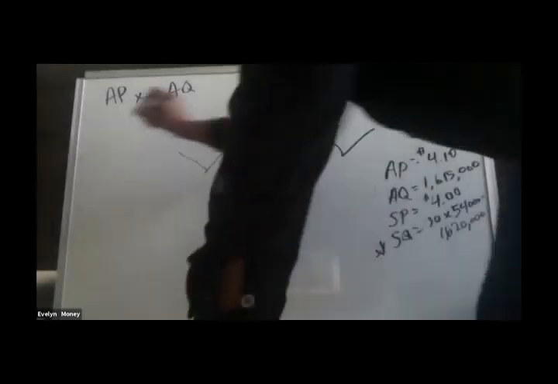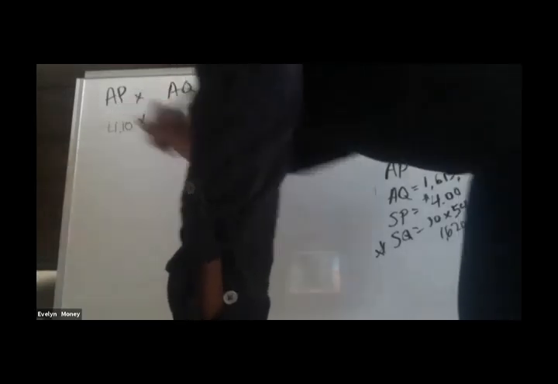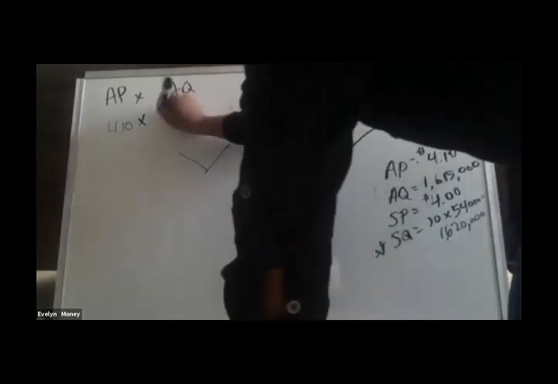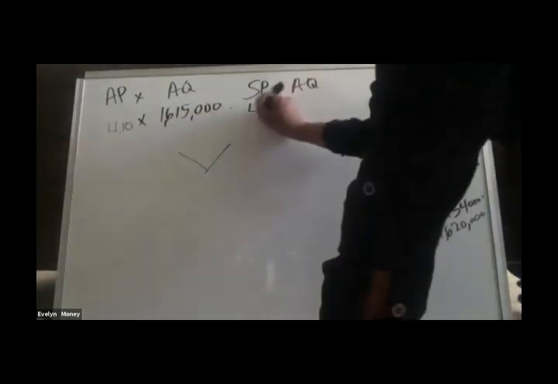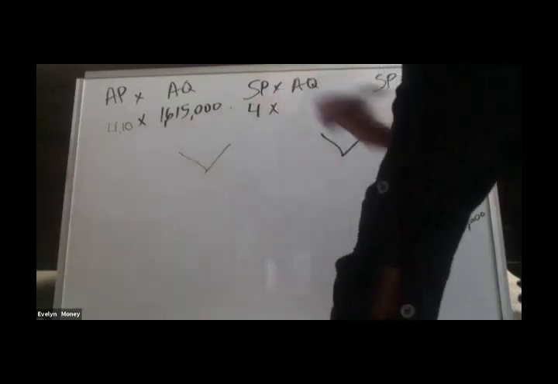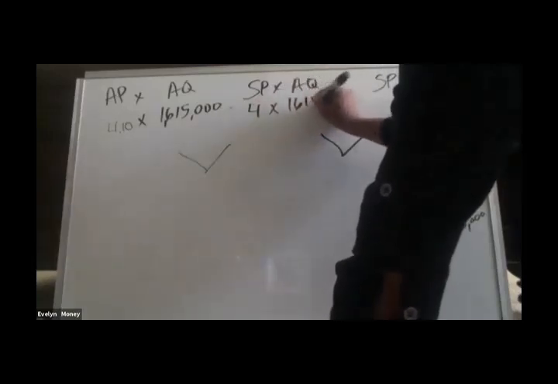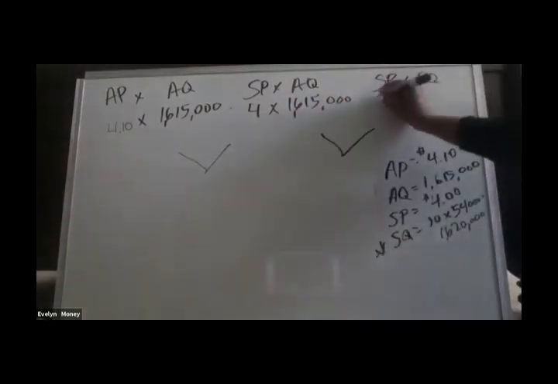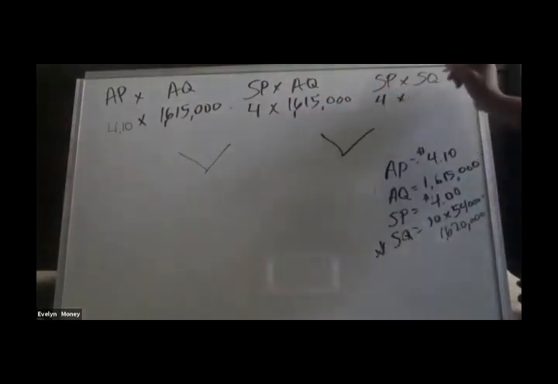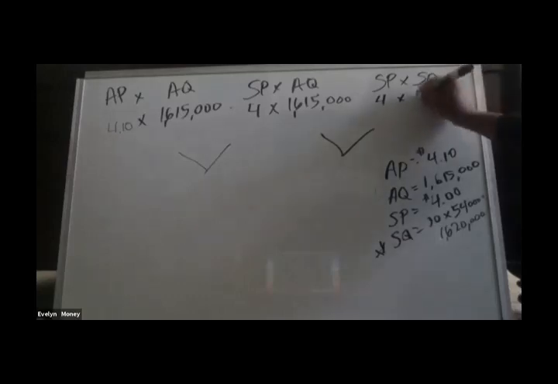We have the actual price of 4.10. That will be multiplied times the actual quantity of 1,615. And then we have the standard price of 4 multiplied times the actual quantity of 1,615 again. And then we have the standard price of 4 multiplied by the standard quantity of 1,620.